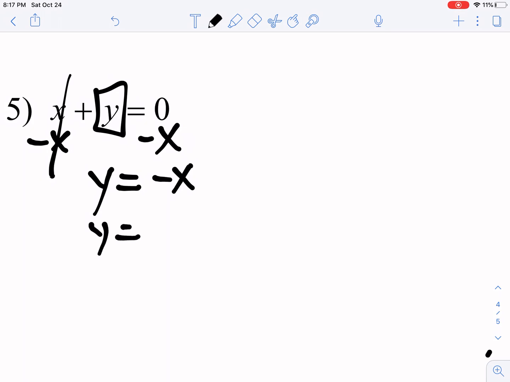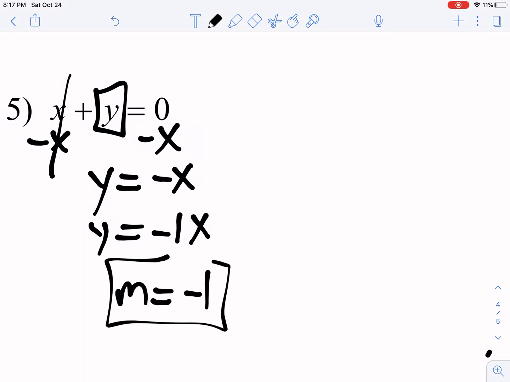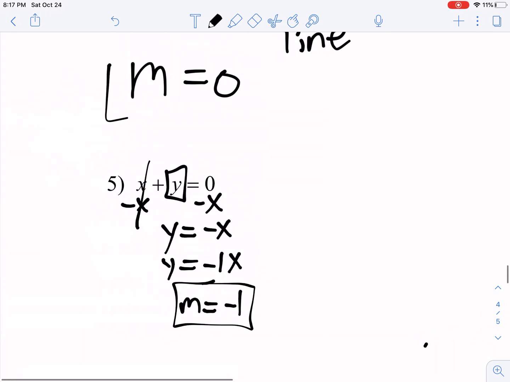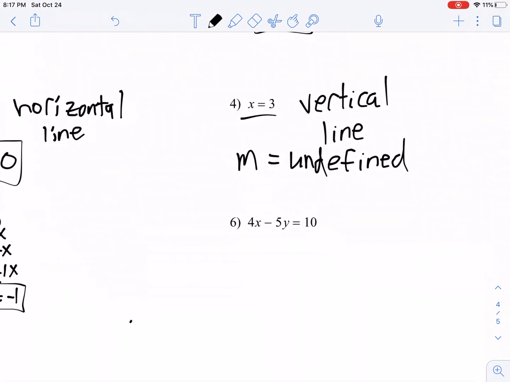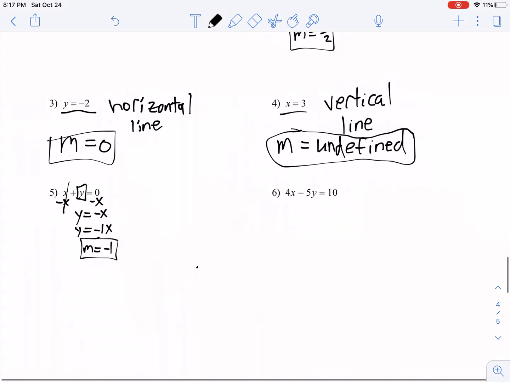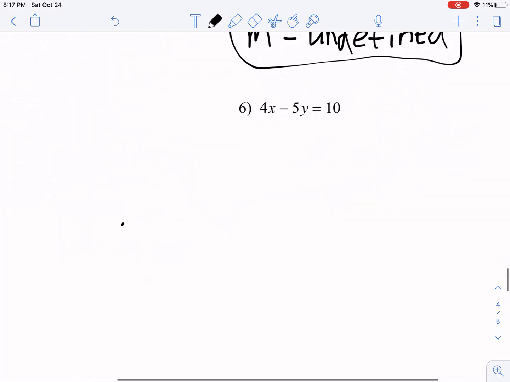So this is really y equals a negative 1x. Even though we don't see it, it's a negative 1x. So what is my slope? Negative 1. So the slope here is negative 1. And we could box in our answers from the last ones too. M equals undefined. Normally you would just say the slope is undefined, but as long as you get the idea there.